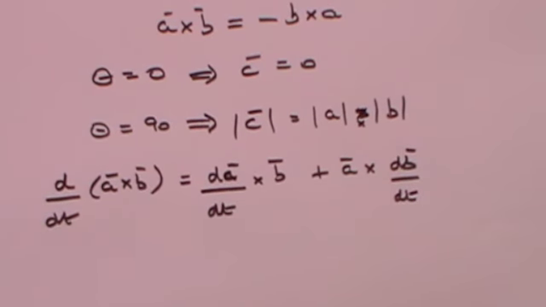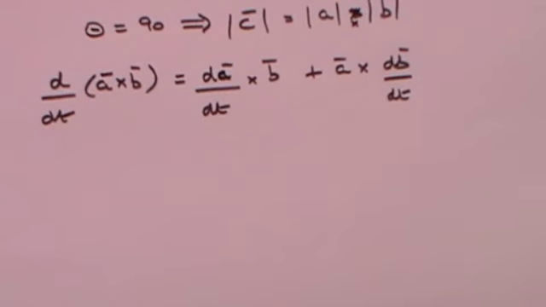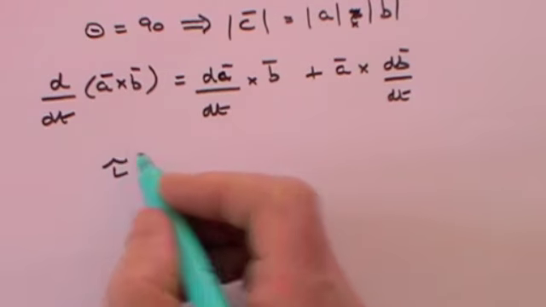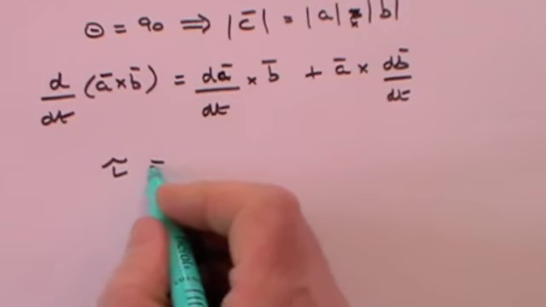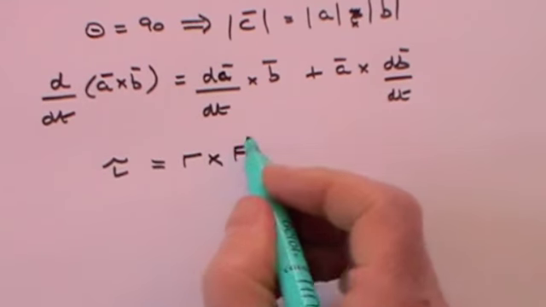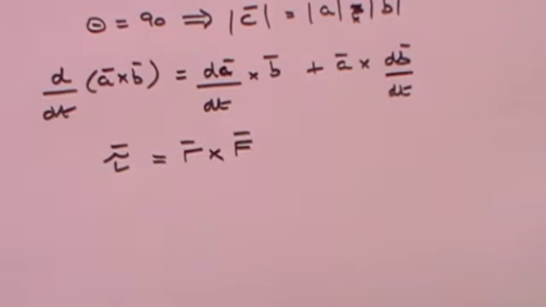Is there a physical example of a cross product? Yes, there is. It's a torque. A torque is represented as R cross F. All of those are vectors.